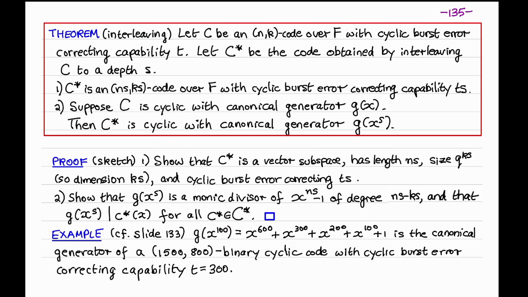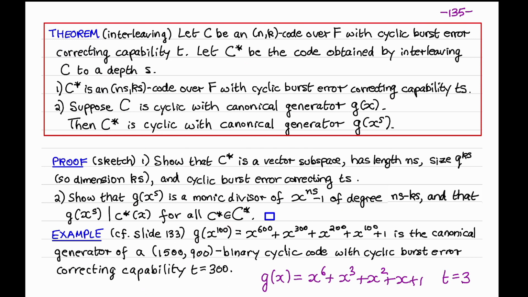This would prove that every code word c star in C star is in the cyclic code generated by g of x to the s. And since C star and the cyclic code have the same dimension, they must be equal to each other. And that would prove that C star is indeed cyclic.